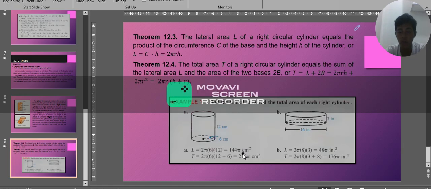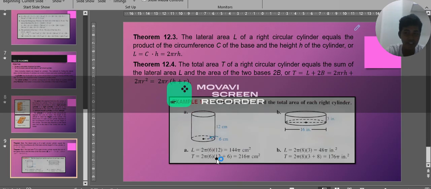Now, let's take on the total area. The total area is 2 pi times 6 times the quantity 12 plus 6. 12 plus 6 is equal to 18. Now, 18 times 6 is, if I'm not mistaken, 108. Let me check: 12 plus 6 is 18. 18 times 6 is 36 times 3, 6 times 3, 108.